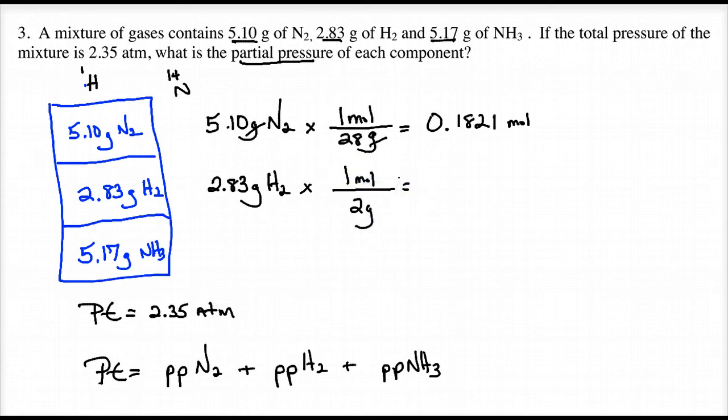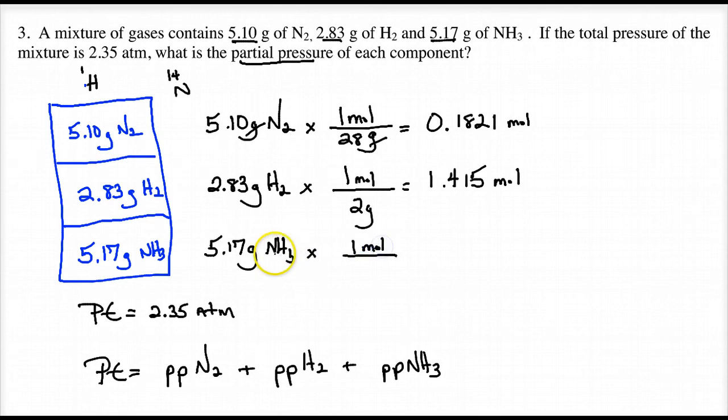Okay, 2.83 divided by 2, and I get 1.4, 1.5 moles. Not worried about rounding here. Then I take 5.17 grams of ammonia. For 1 mole of ammonia, 1 N is 14, but there's 3 H's there.